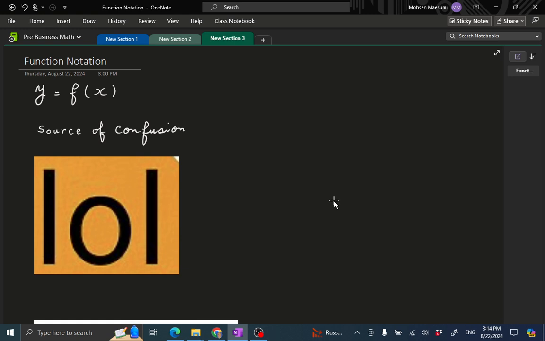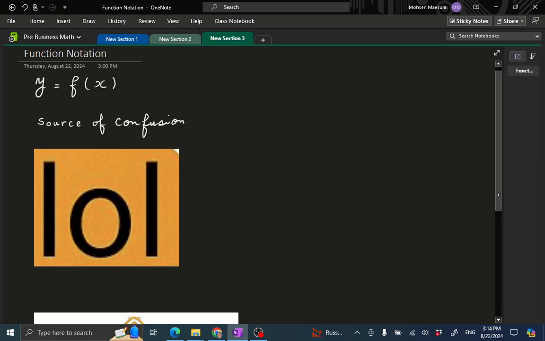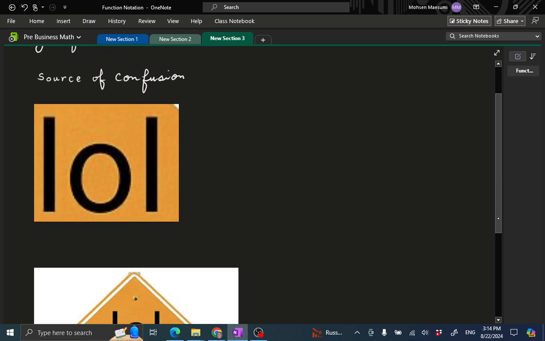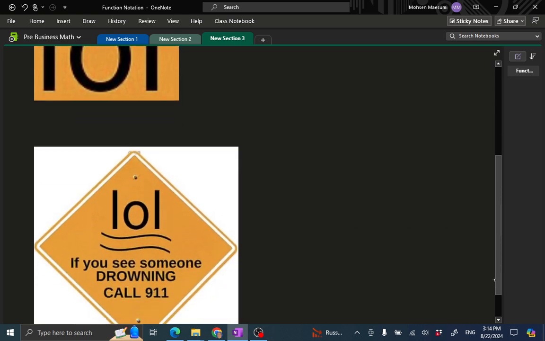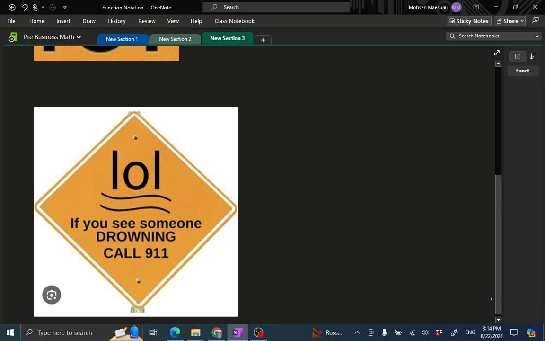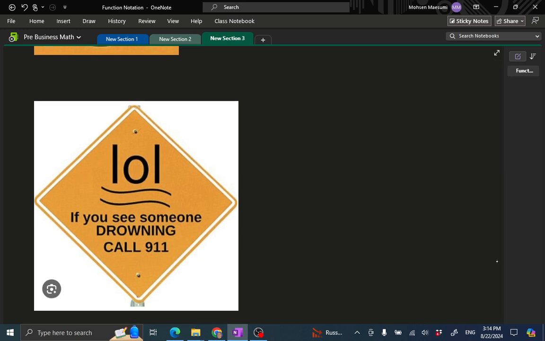Well, could it be something else? Perhaps it's something else. Here's another interpretation of the same symbol. These are two hands and the head of a person sticking out of water and looking for help. So this is a warning sign: if you see somebody in that situation, call 911.